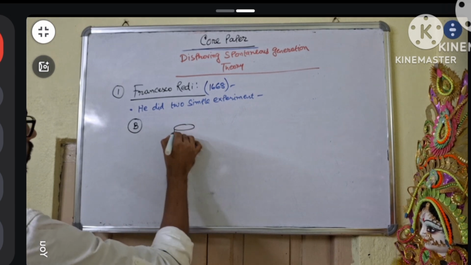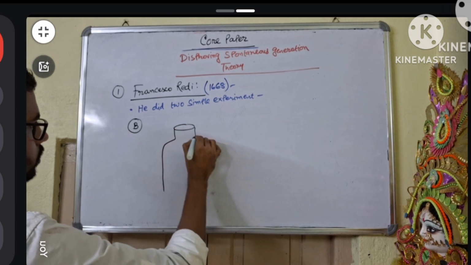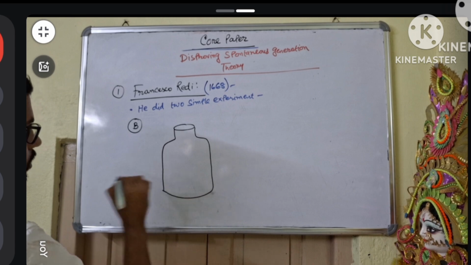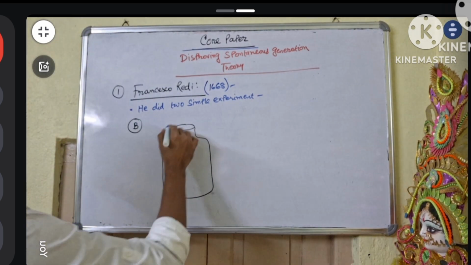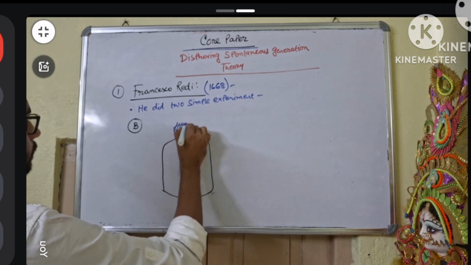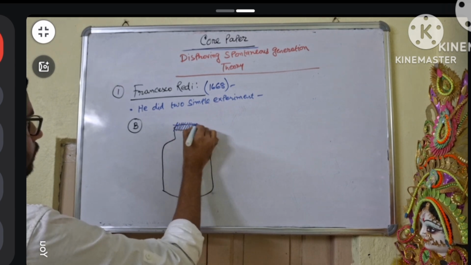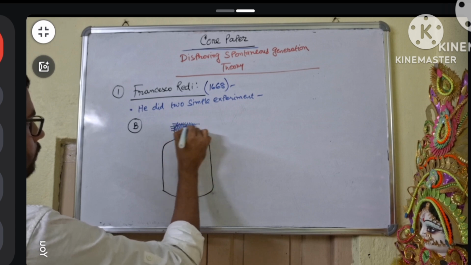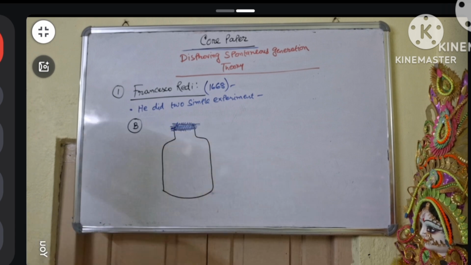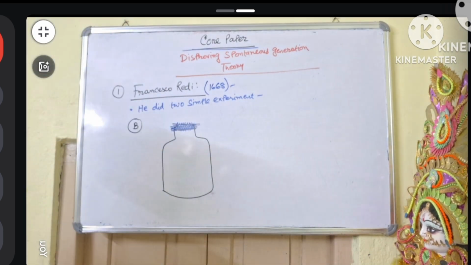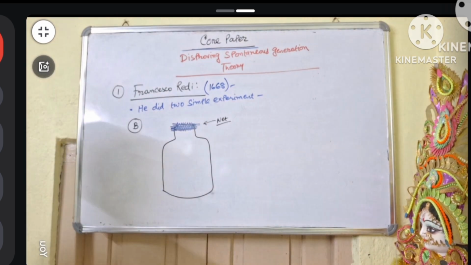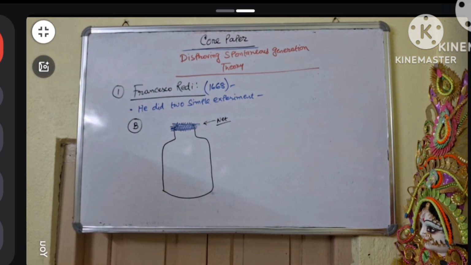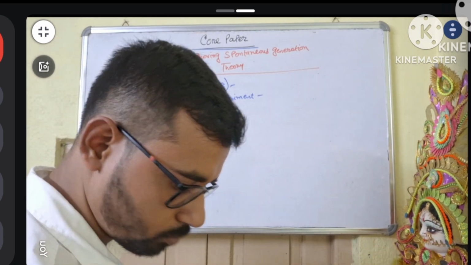He removed the cork and replaced it with a net. Now the mouth is closed with a net.